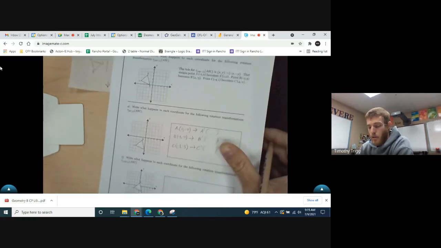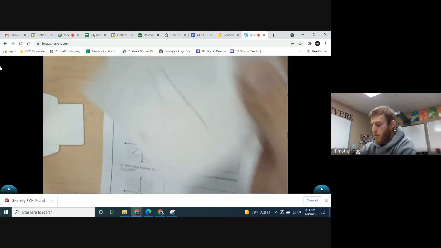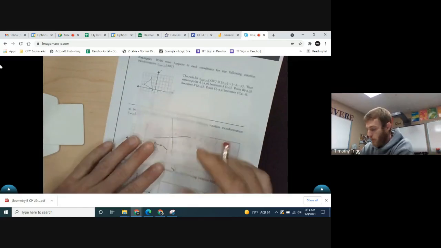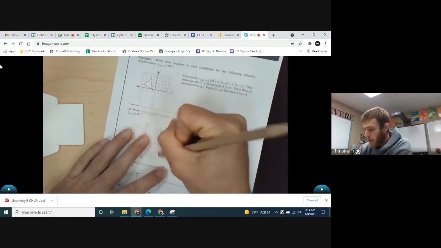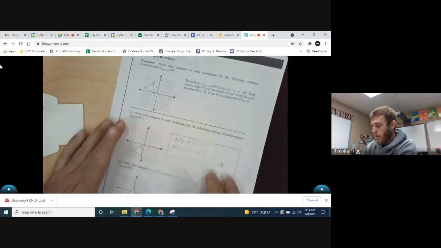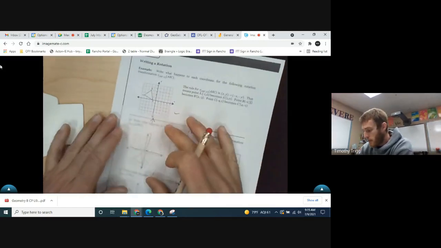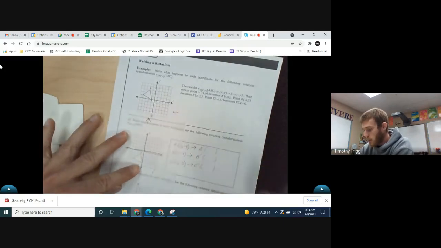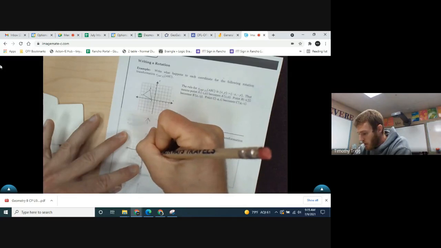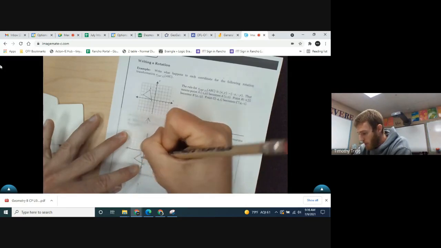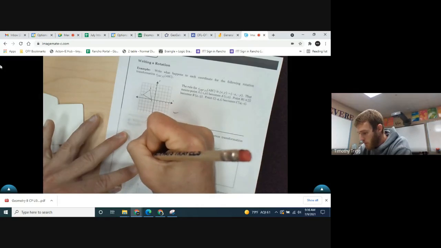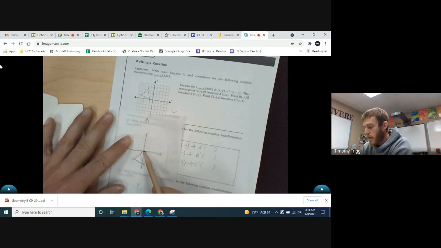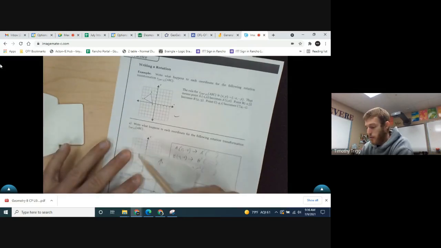So let's go ahead and rotate our triangle. I'm going to erase what was there from the previous example. I'll keep my X and Y axis on here, and then I will trace the pre-image, A, B, C. I'll put the tip of my pencil here, and I want to rotate, according to this problem, 90 degrees.